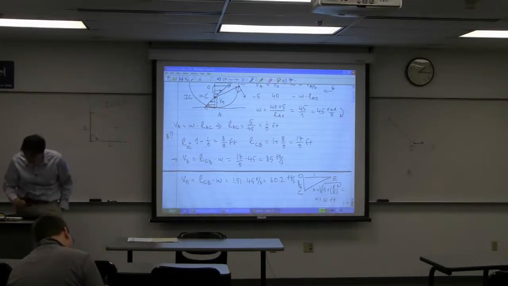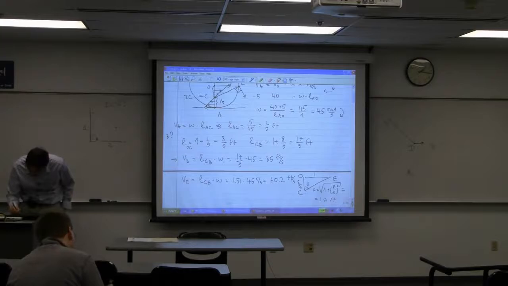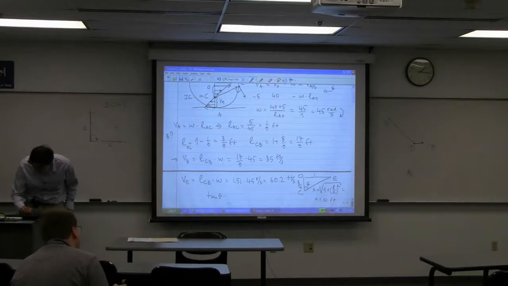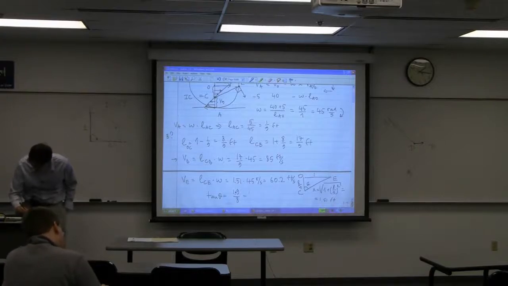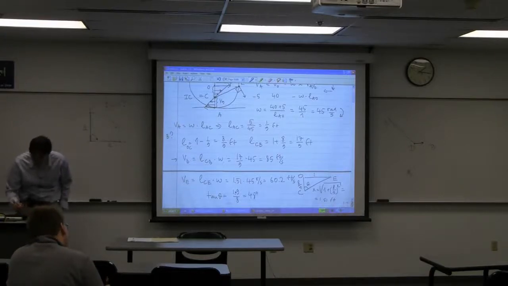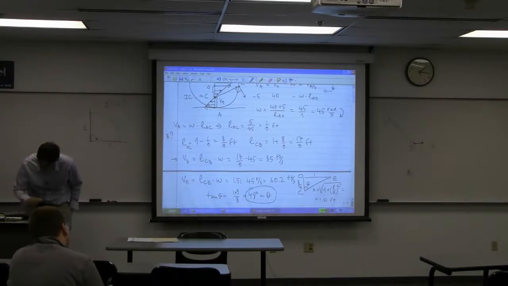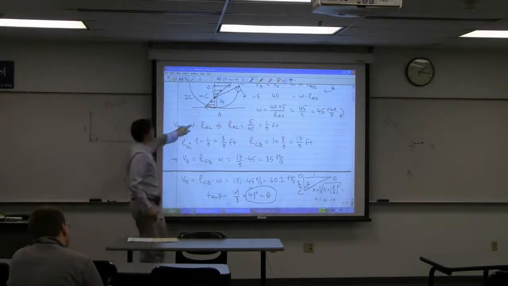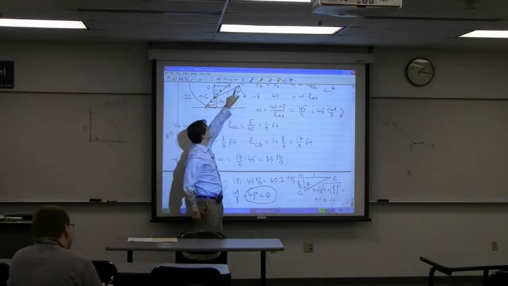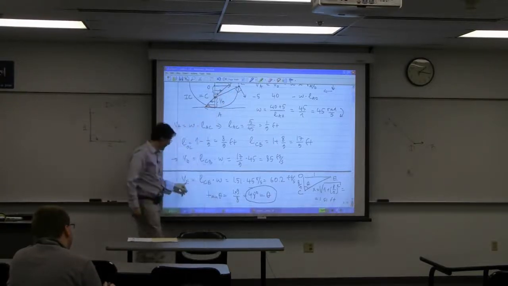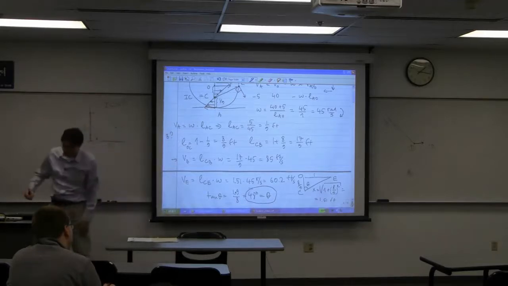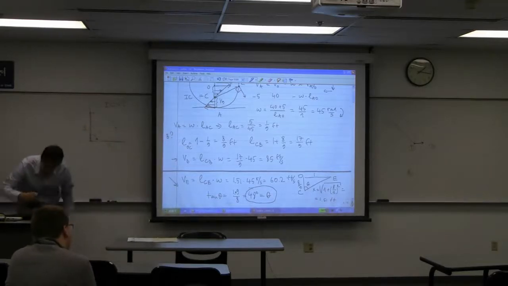So this is the velocity of E, and from this triangle, tangent theta is equal to 1 divided by 8 over 9, which gives theta equal to 48 degrees. So with this analysis, we can again multiply this vector by omega and figure out the velocity of the intermediate point.